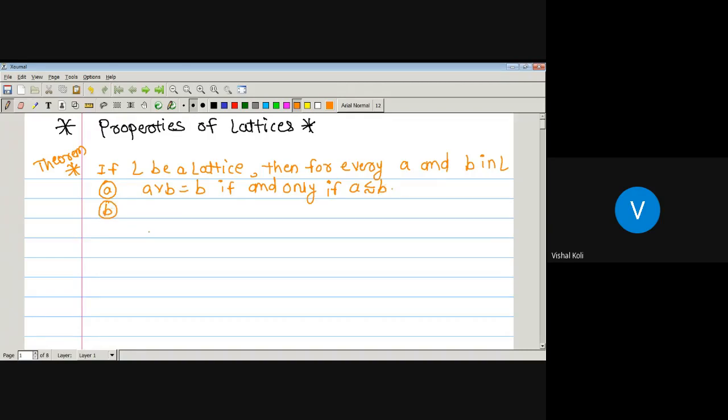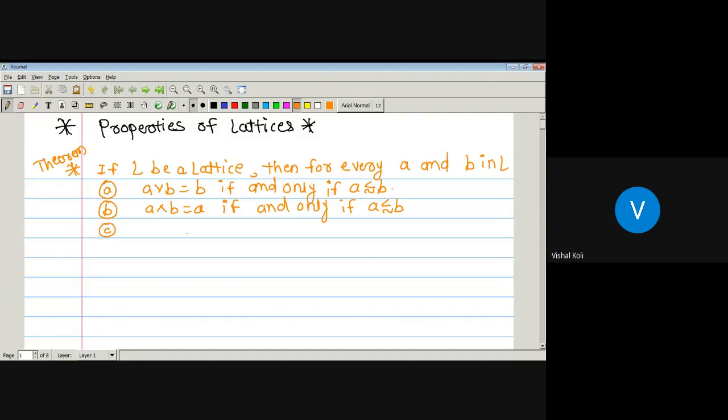Second: a meet b equals a if and only if a precedes b.